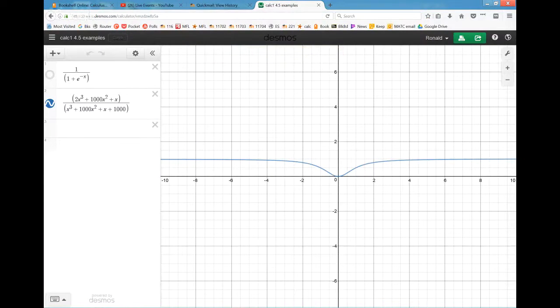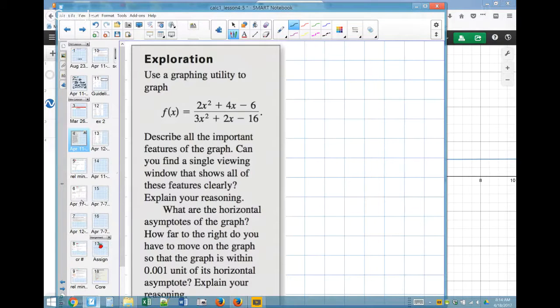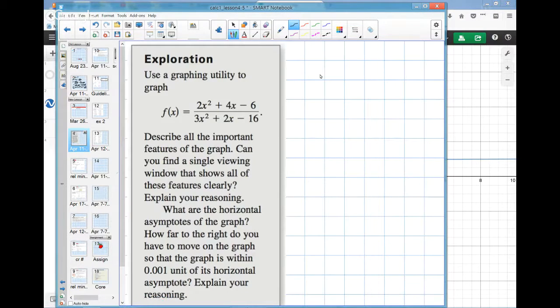This is the wrong example, isn't it? So let me go back. Let me write this down. We have 2x squared plus 4x minus 6 over 3x squared plus 2x minus 16. Sorry, I thought I had this ready and I didn't.